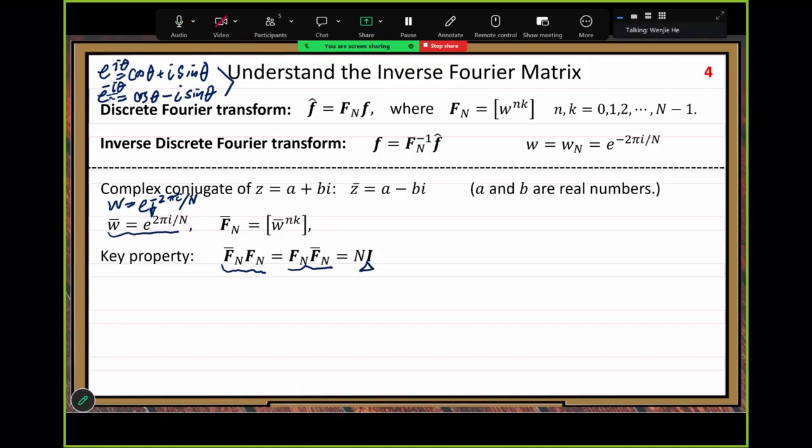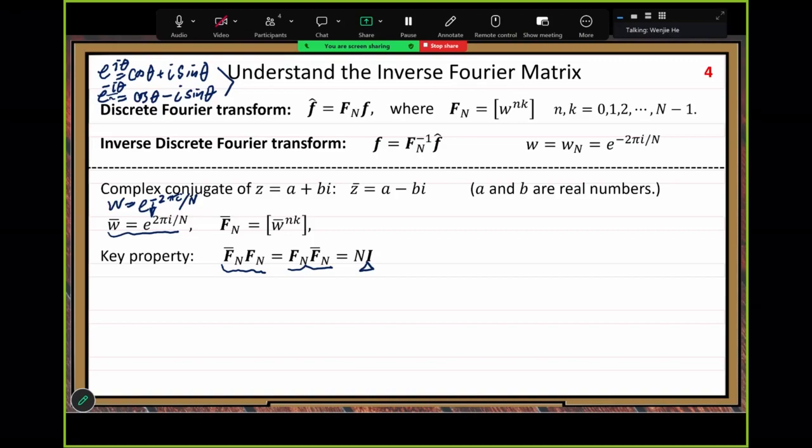This key property can be verified easily using the definition of matrix multiplication, row times column, though you need some math techniques to get the answer.